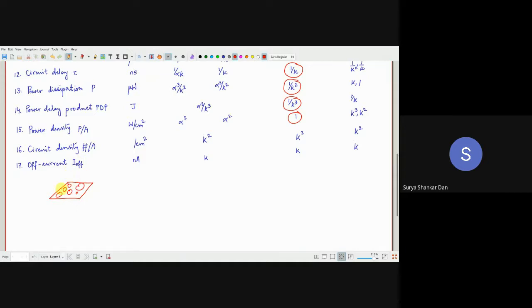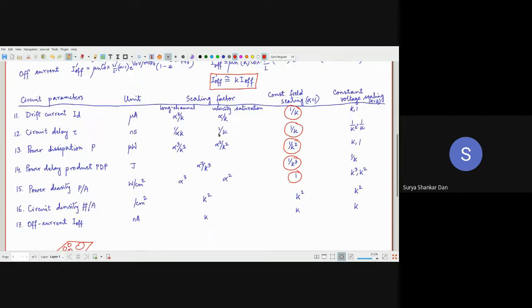So in the circuit density, it is basically the number of circuits per unit area. Again, number doesn't scale, but area scales by a factor of k square. So since it is k square, it doesn't involve alpha. Irrespective of constant field scaling or constant voltage scaling, it is always k square.